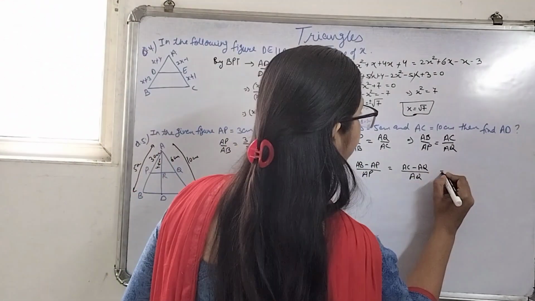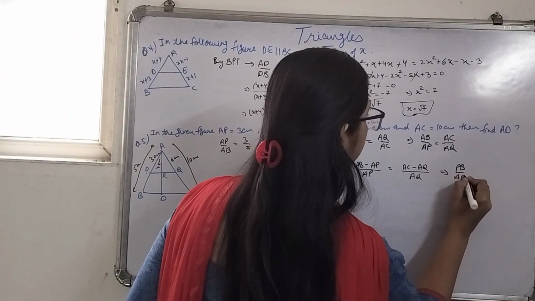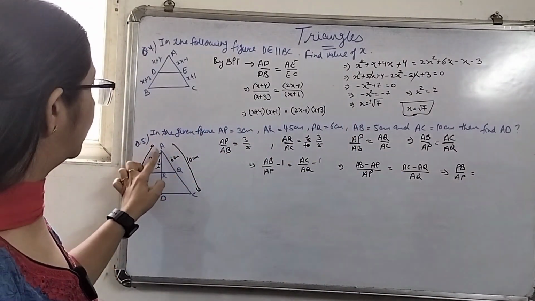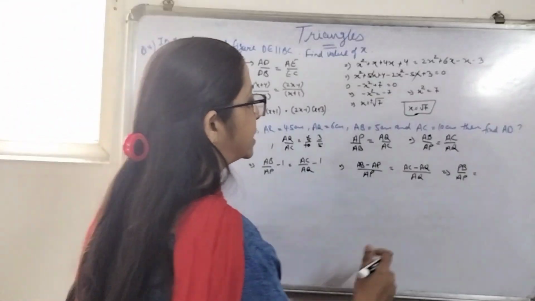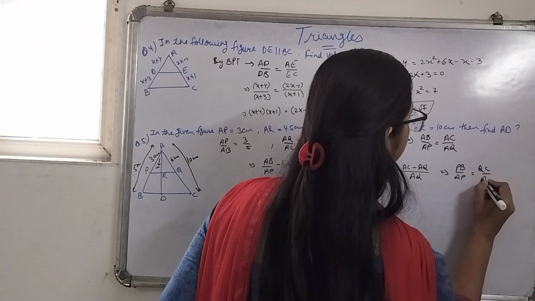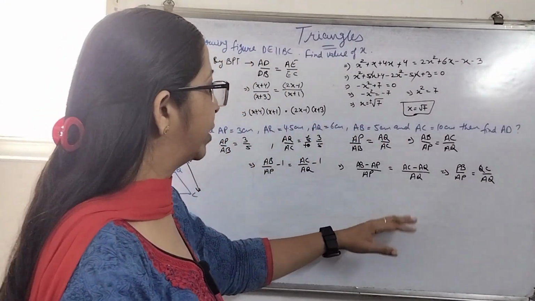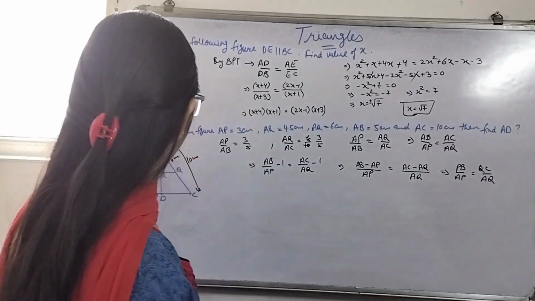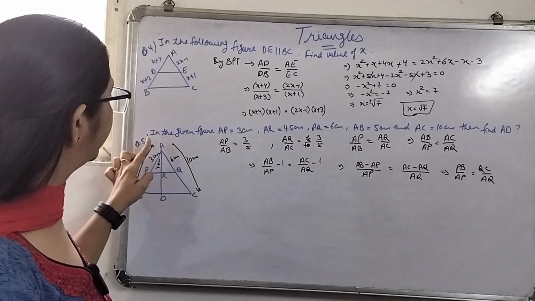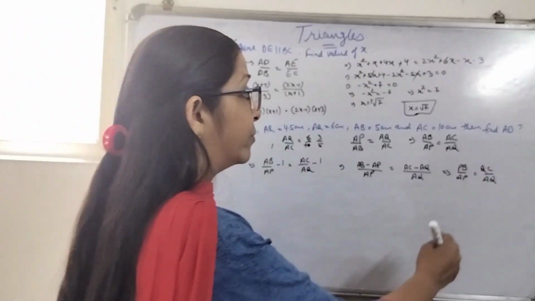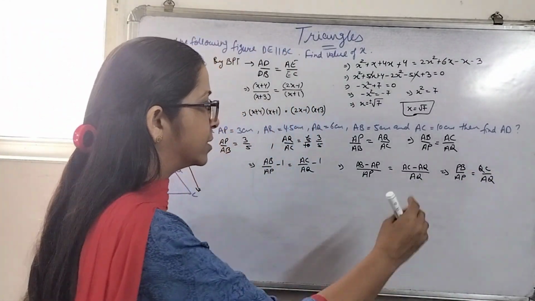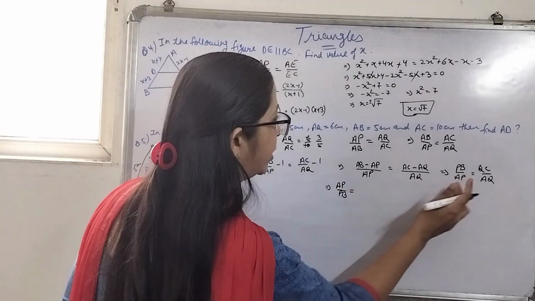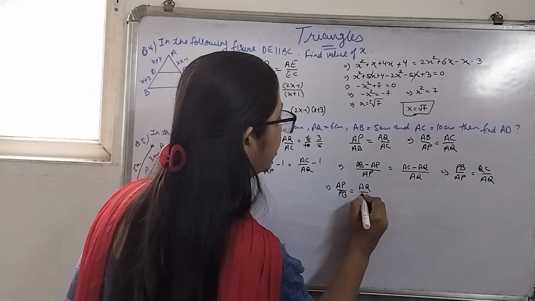So this can be written as PB over AP is equivalent to, from AC, if I subtract AQ, it gives us QC, so QC over AQ. Hope it is clear till now. We have subtracted the same number from both sides, so it will remain the same. So PB over AP is equivalent to QC over AQ. Now if this is true, the reverse of it will also be true. Simply we can say AP over PB will be equivalent to AQ over QC.